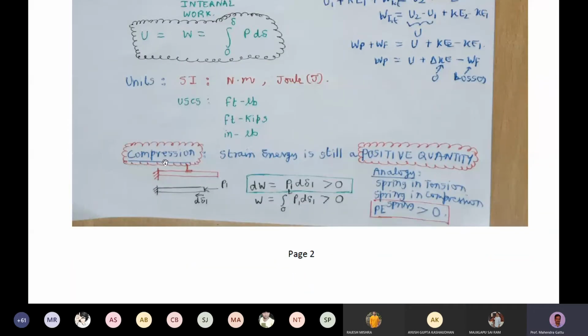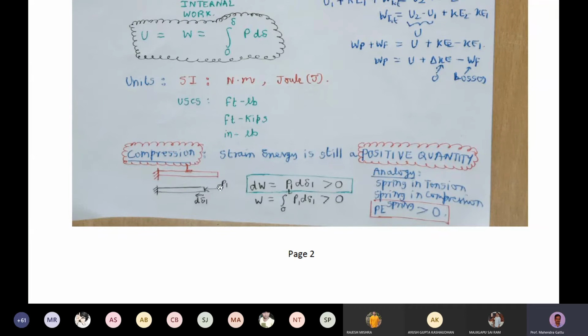Now what will happen if the bar is loaded in compression? So what is the strain energy of this bar? So again, when you apply the load, the bar will deform, that is it will shrink. So we'll consider an intermediate position. In an intermediate position, the load is P1, and when the load P1 is applied, it will shrink a little amount by d delta 1.